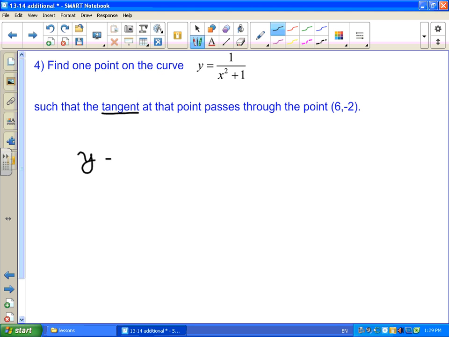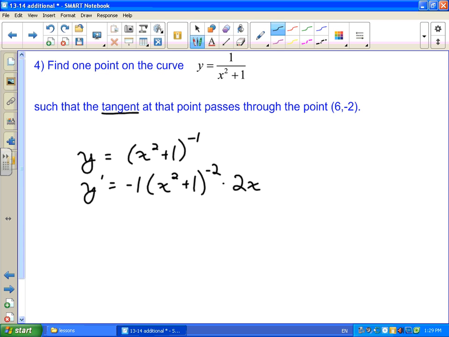We'll rewrite our function as (x squared plus 1) to the power of negative 1, and then use the chain rule to get our derivative. So we'll bring down the negative 1, we'll have (x squared plus 1) to the negative 2, and we'll multiply this by the derivative of that inner function, 2x.